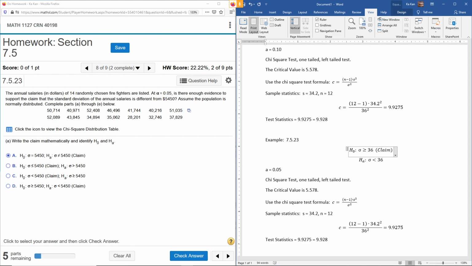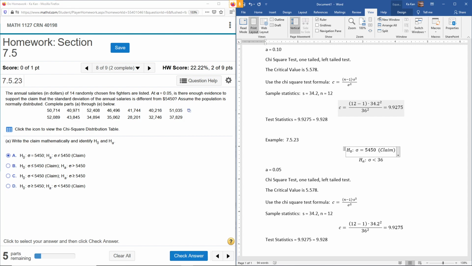And what is the claim? They say that the standard deviation of the salary is different. That's the claim. So either it's different or not. In our case, you have two choices. It's either equal to 5450. That's the standard deviation, right?